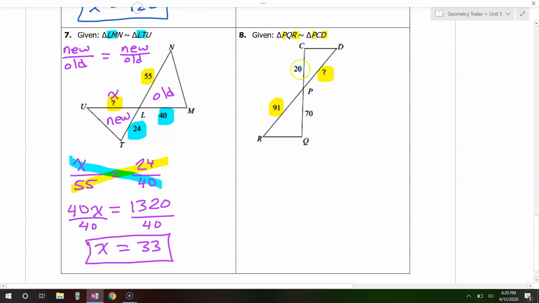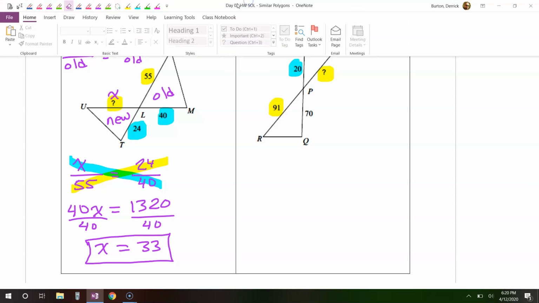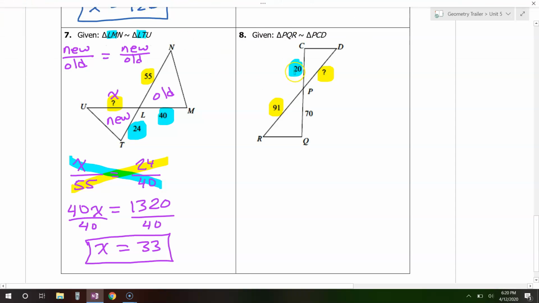Let's pick another number like see the 20. CP. Oh, I forgot to erase my little marks first. So the little 20 is CP. Okay, so here's CP right here. So that's going to correspond with PQ, and here's PQ right there.